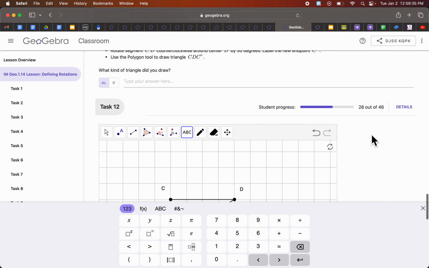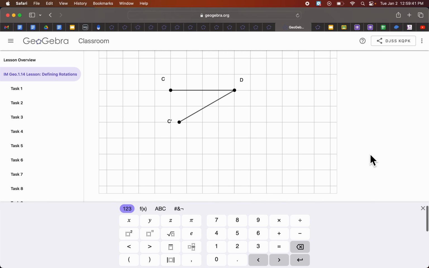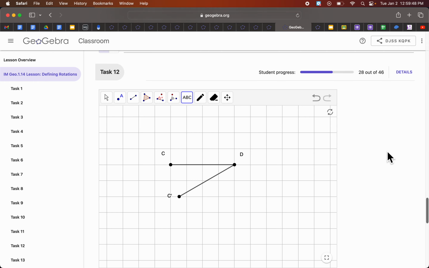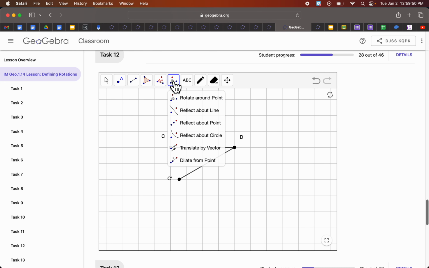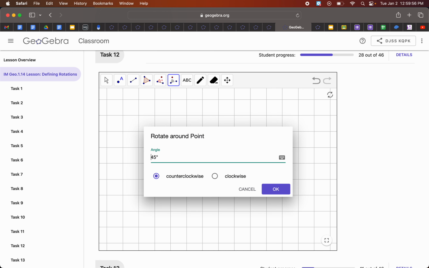All right, then it says to do what? Rotate segment C prime D counterclockwise around center D by 30 degrees. Okay, seems like we've done this before, but this time we're using this one to do our rotation. All right, so rotate around point, select the object, choose our center of rotation, which is point D, and again we're going to do 30 degrees, and we're doing counterclockwise again.